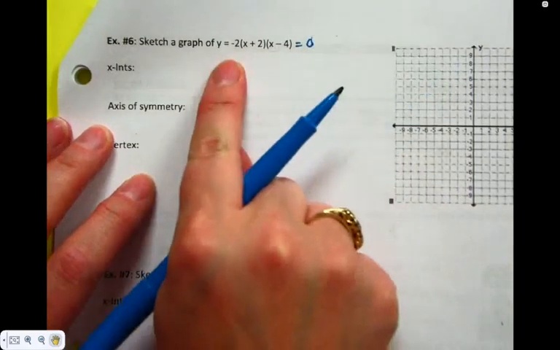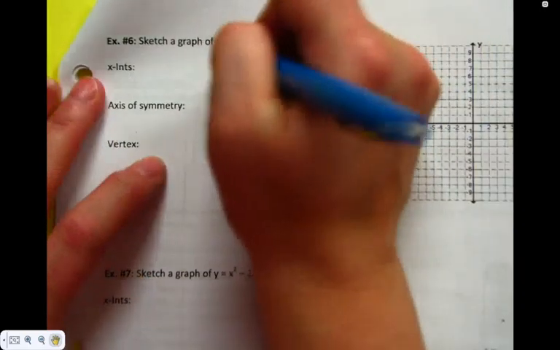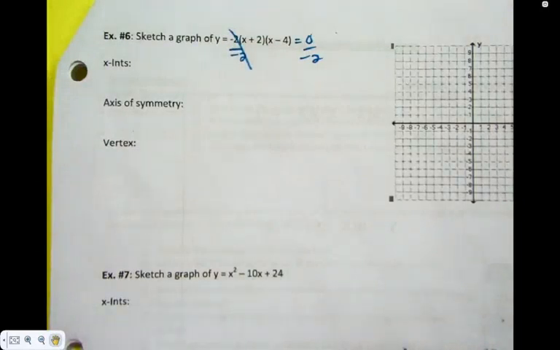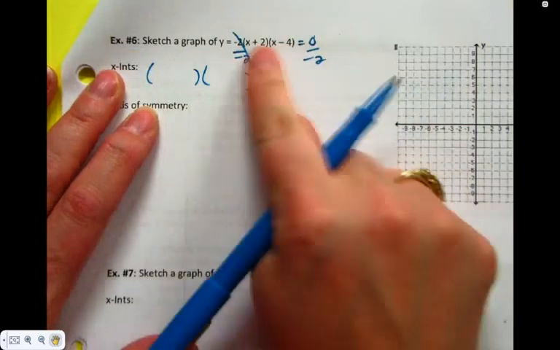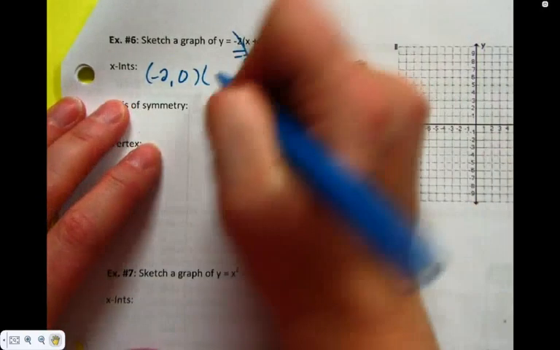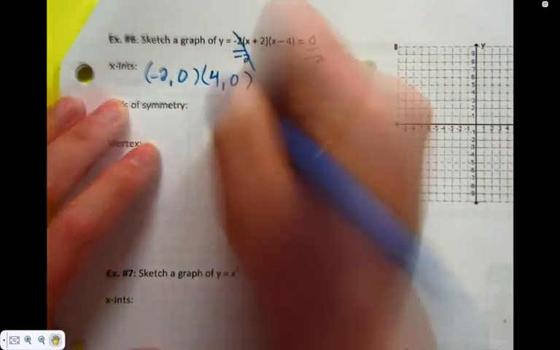So what can I do with this negative 2? I can get rid of it by dividing. In essence, it's going to disappear because the other side is 0. So in terms of our intercepts, it's irrelevant. It's a direction and width. So jump straight to the intercepts. The first one has to be (-2, 0), and the second one has to be (4, 0).